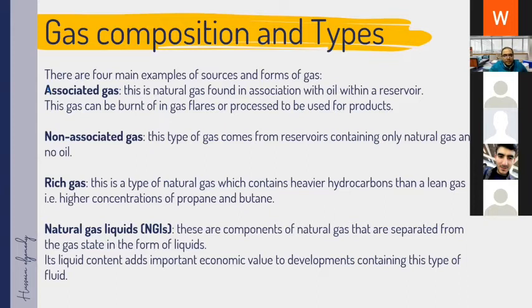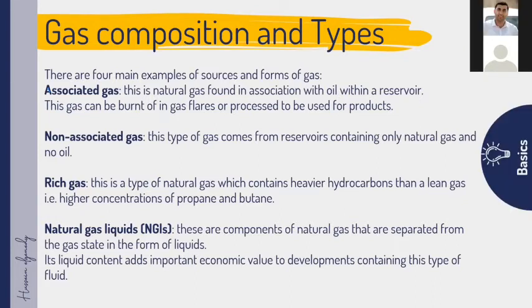As we saw in the first picture, the reservoir consists of water, above the water comes the oil, and above the oil comes the gas. This gas in this situation is called associated gas because it's associated with the oil in the reservoir. Okay. The other type of gas is non-associated gas, which is a gas reservoir only.